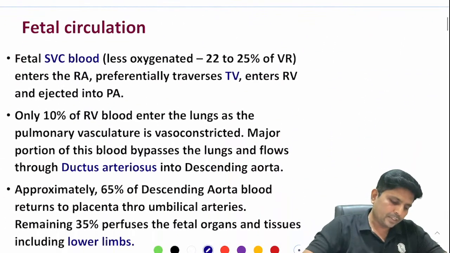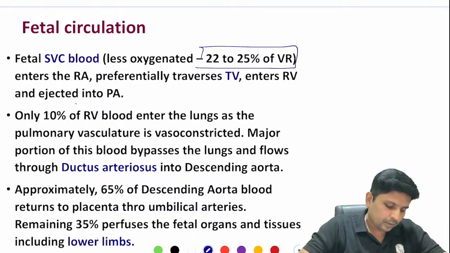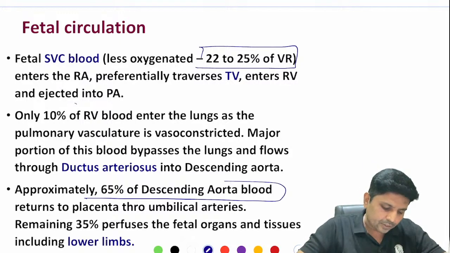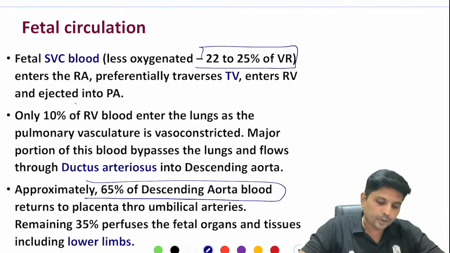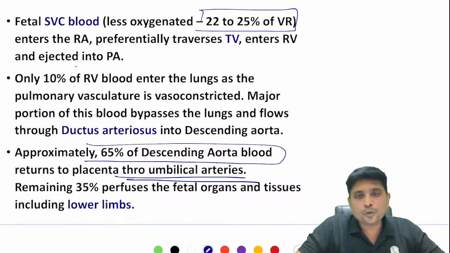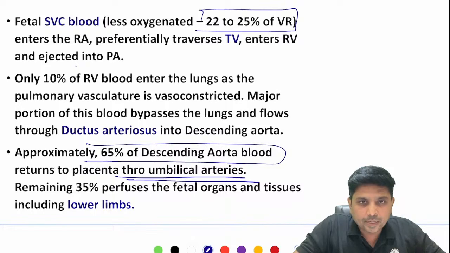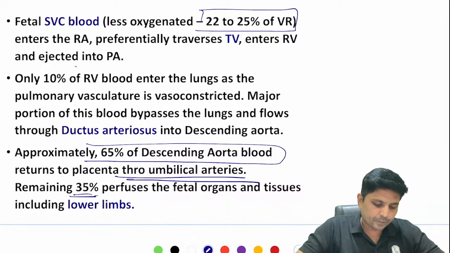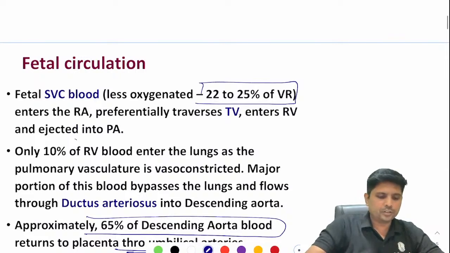SVC is 20 to 25% of venous return, IVC 75%. And the descending aorta, as I told you already, divides into two umbilical arteries: 65% goes to the umbilical arteries, and the remaining 35% supplies the lower limb.